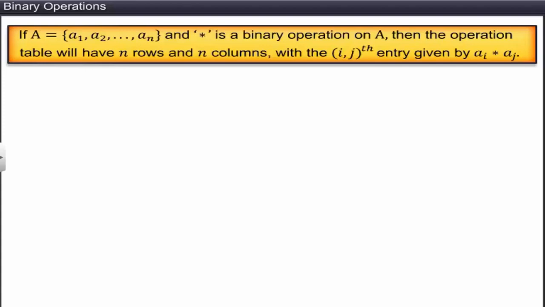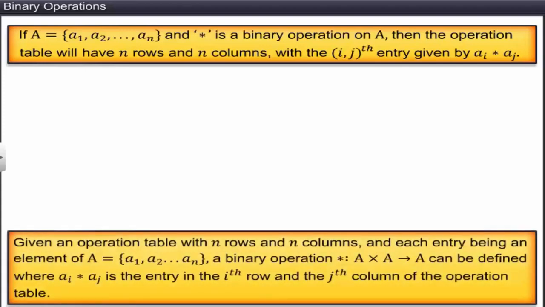Conversely, given an operation table with n rows and n columns, and each entry being an element of the finite set A, a binary operation on A can be defined such that Ai star Aj is the entry in the ith row and the jth column of the operation table.